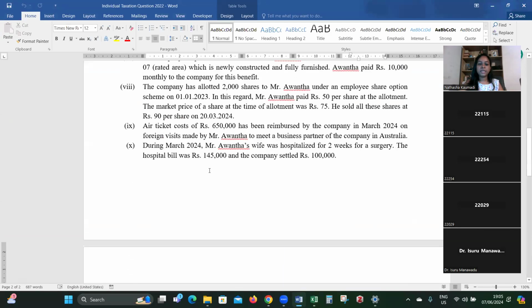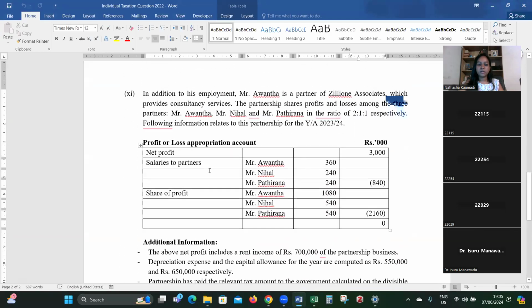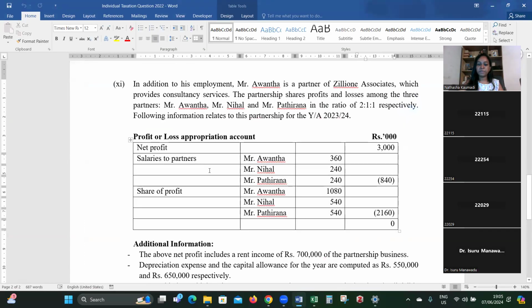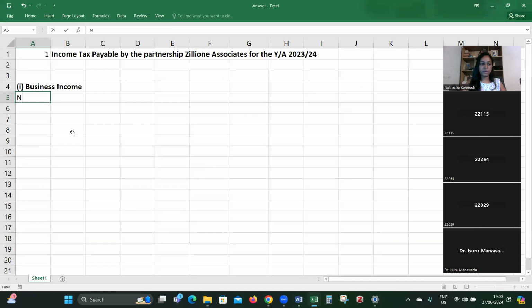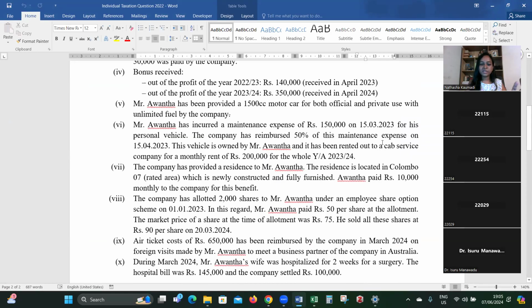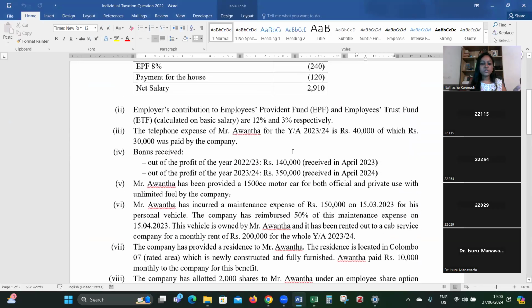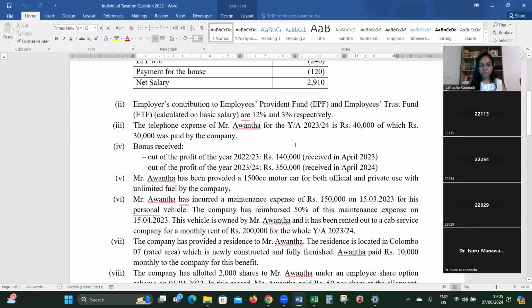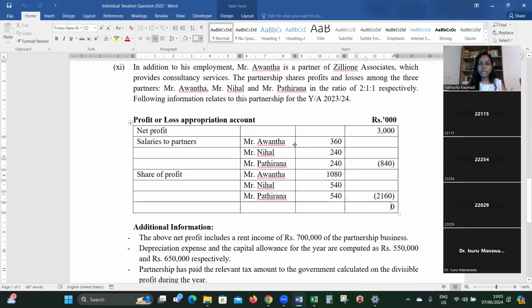Coming under business income, I'll be taking their net profit, given net profit 3,000. So I'll be writing net profit. Even though these numbers have been given in thousands, all other figures and adjustments are mostly given in rupees. So I'll be doing the question in rupees. If you want, you can do it in thousands as well, no problem.